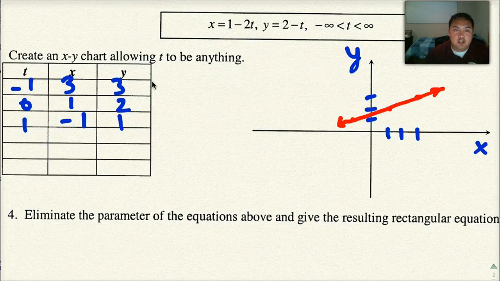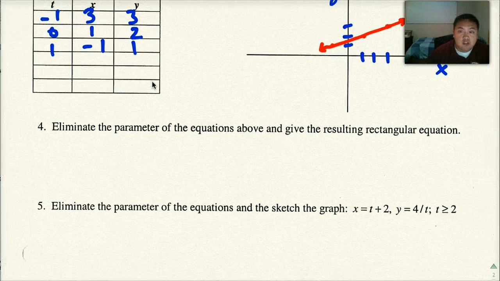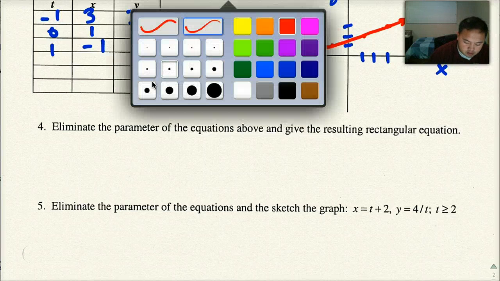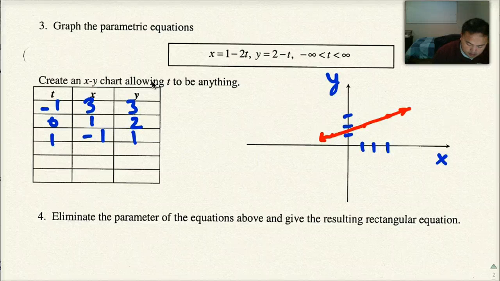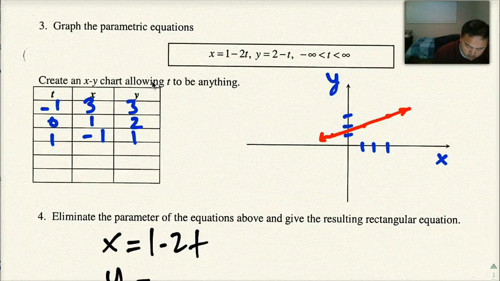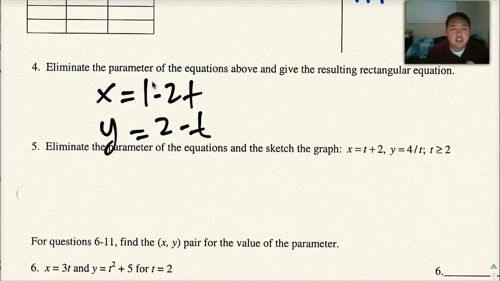There's my parametric equation. Now, the second step is to eliminate the parameter of the equations and give the resulting rectangular equation. So I'll take my two equations, x equals 1 minus 2t, and y equals 2 minus t. I need to solve for one. Remember, I'm solving for t and finding the other one.